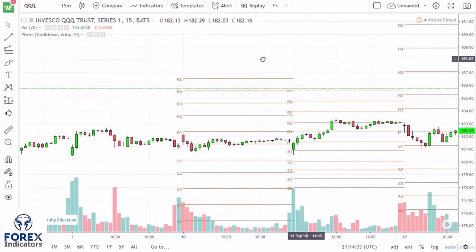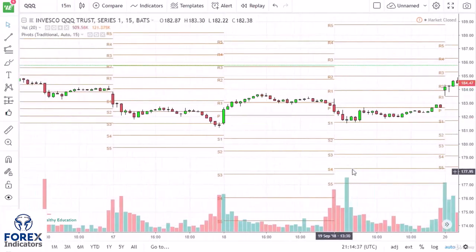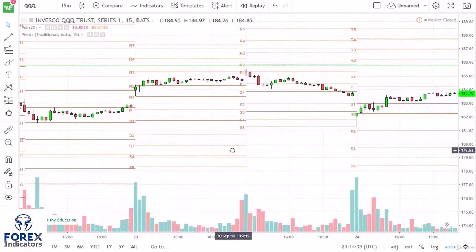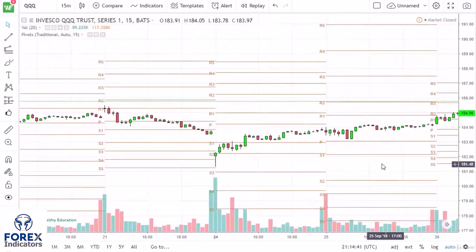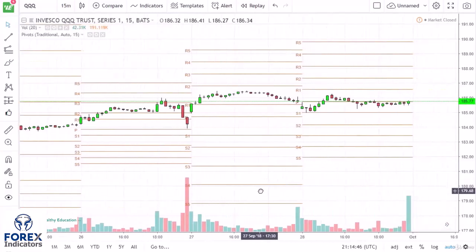So this is how I like using pivot points. It's probably by far been the most profitable way. I use it as a signal to go with the trend when the market has perhaps thrown a bit of a tantrum. And you can see we gapped lower here. We found support at support 1, rallied to the pivot. That's a nice quick little trade.